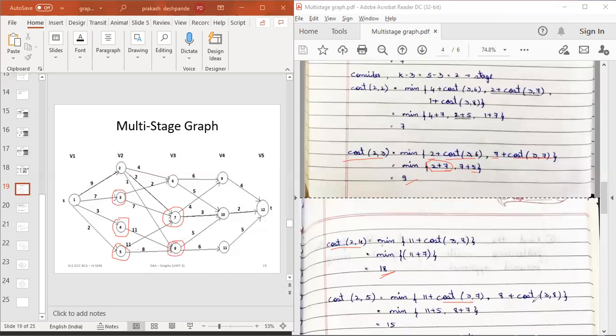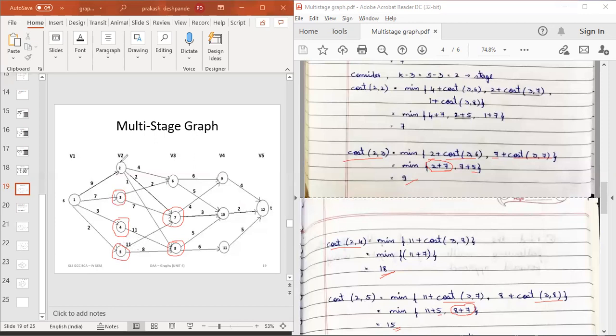These two values have been calculated earlier. So if you substitute, we get 5 and 7. So the minimum between these two is going to be 15 for this set of values. So the cost of 2 comma 5 is 15, that is second stage, fifth vertex.